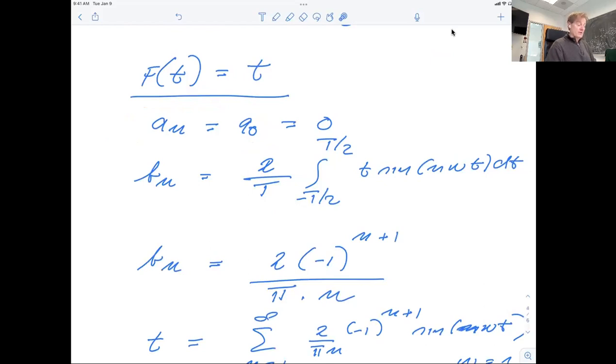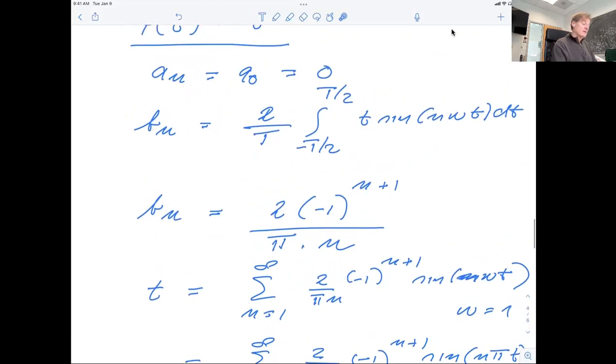But what we can do is we can always calculate these quantities, this integral. Sometimes the function f of t is a little bit more complicated, but in general, we can calculate these coefficients analytically.